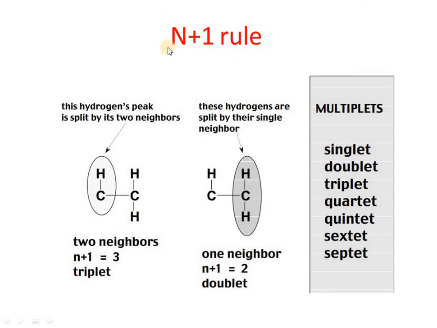The n plus 1 rule is explained with a particular example. Suppose we have a carbon with 2 hydrogens. Here is a bond, here is also a bond, but the atoms are not hydrogens; the other bonds present do not have hydrogens attached directly.